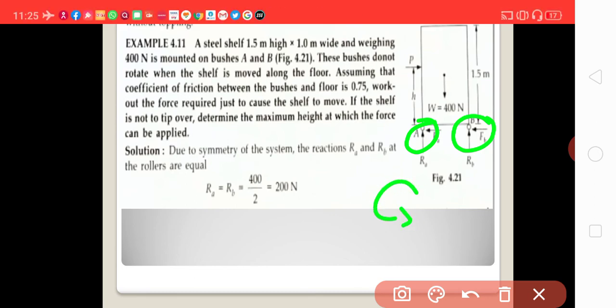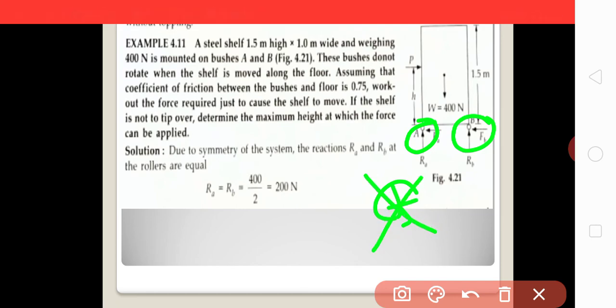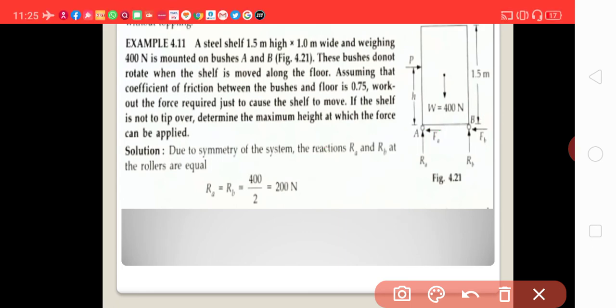Rotation is restricted, but they can slide like this, when this shelf is moved along the floor. Assuming that the coefficient of friction between the bushes and floor is 0.75, very high coefficient of friction, work out the force required just to cause this shelf to move. If the shelf is not to tip over, determine the maximum height at which the force can be applied.